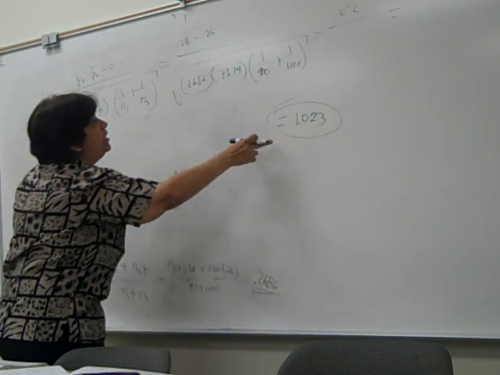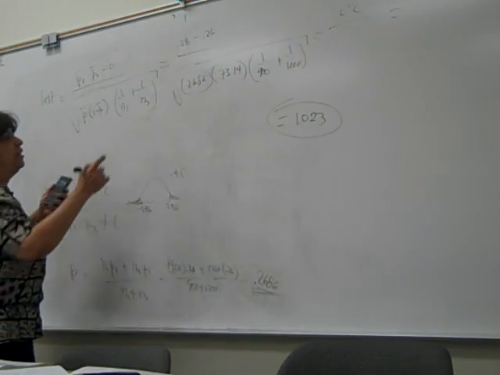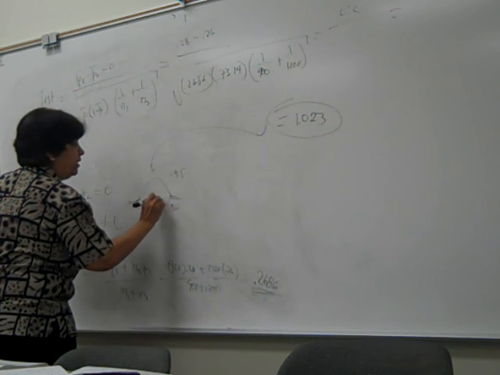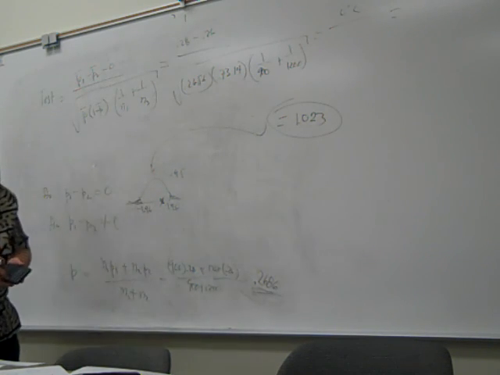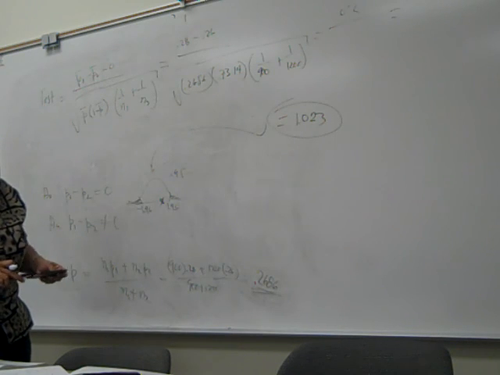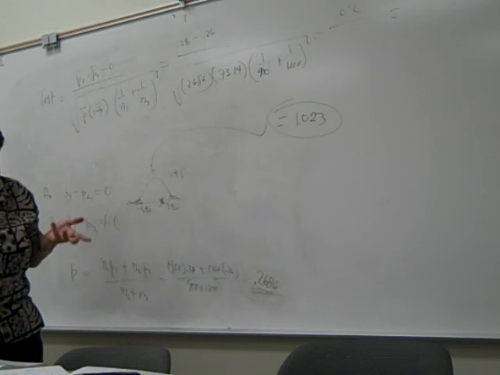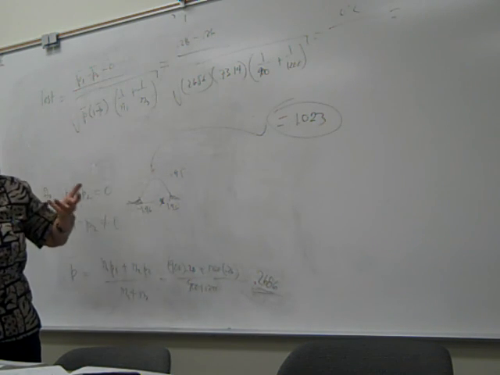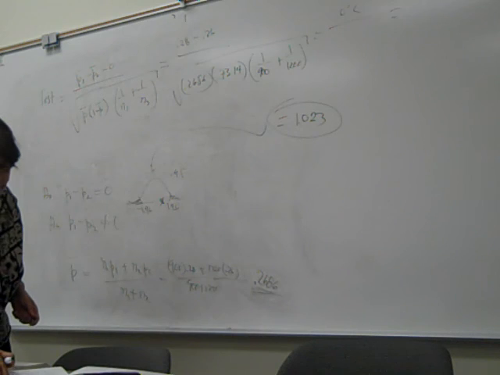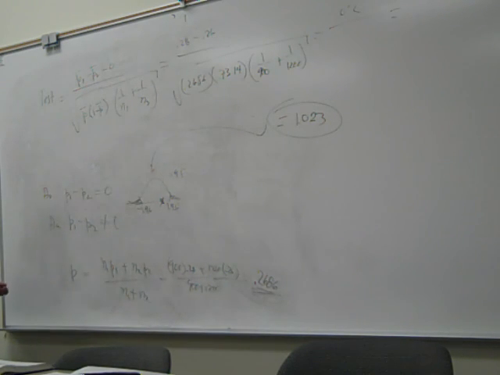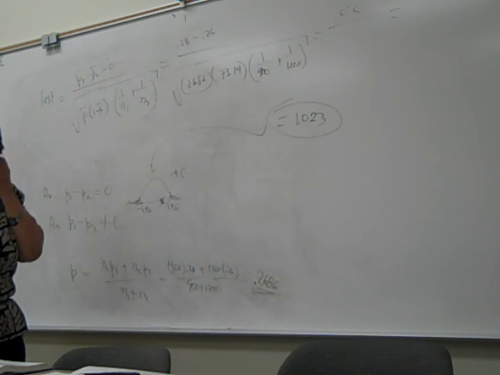So the test value is 1.023, and if we compare it with my critical values, it is over here, in the non-rejection or fail to reject zone. So there is no evidence of differences in the delays between Chicago and Atlanta airports. So do not reject the null hypothesis. And that's it. That's all about chapter 10.